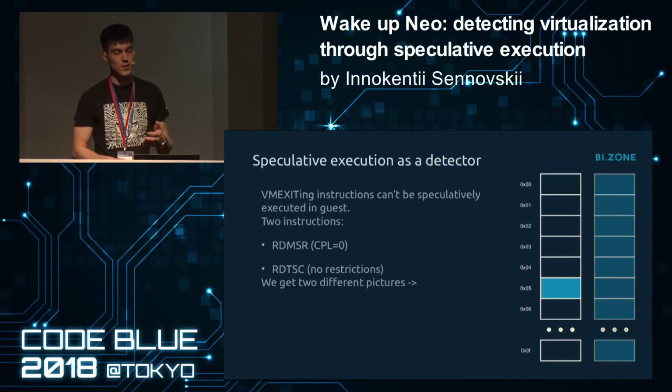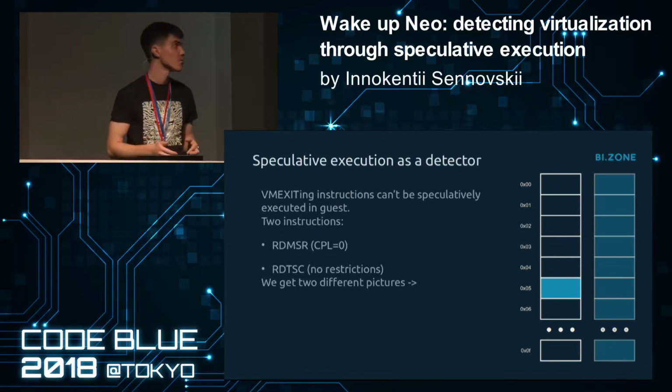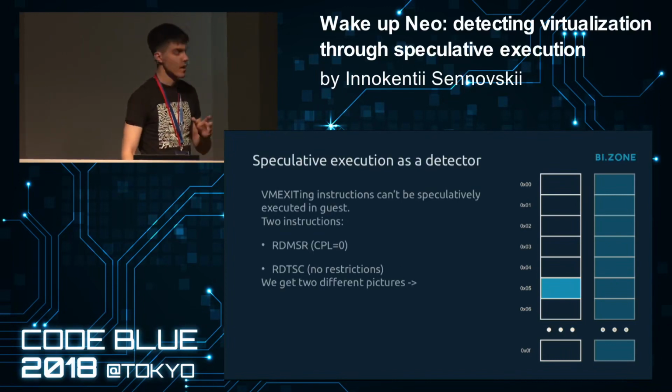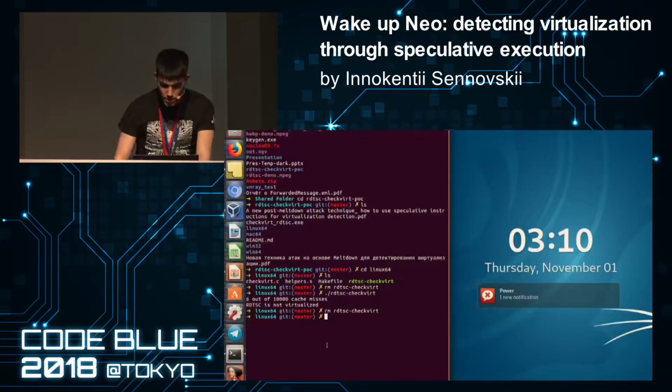Since RDTSC instruction can't be executed, there is no side channel back to the memory, and all the accesses, all the quickest pages over, for example, 1,000 tries or 10,000 tries are evenly spread over the area. So I'll show a demo now.